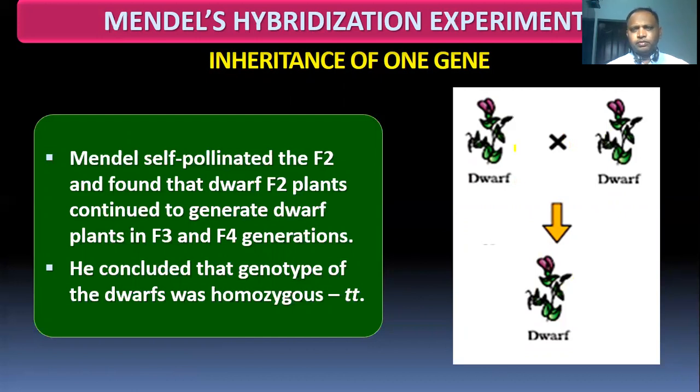If dwarf is crossed with either homozygous tall or heterozygous tall, we can get tall and dwarf. But for further filial generations F3 and F4, the dwarf from F2 when self pollinated gave only dwarf plants, so he concluded that the dwarf plant in F2 generation is homozygous recessive, right?